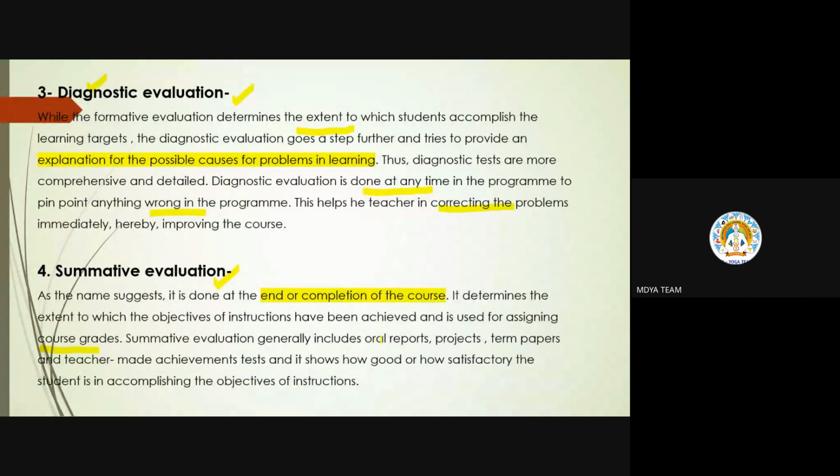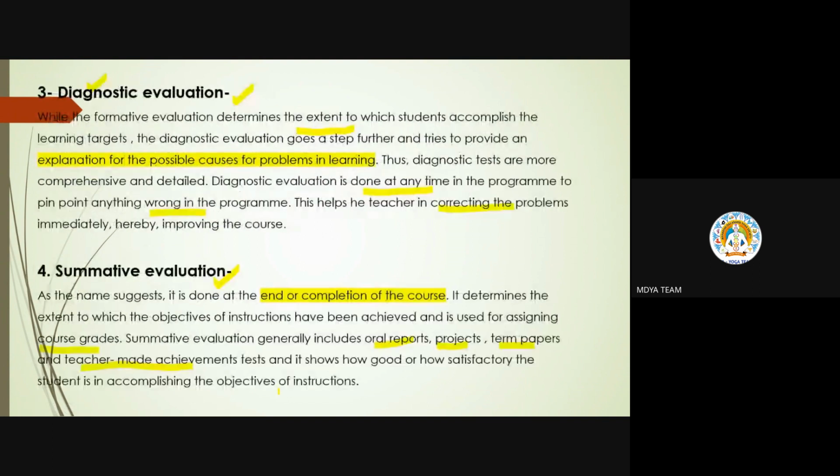These generally include oral reports like viva, project assignments, term papers, and teacher-made achievement tests. Summative evaluation will include everything: surprise tests, periodic tests, formative evaluation. It shows how good or satisfactory the student is in accomplishing the objectives of instruction.